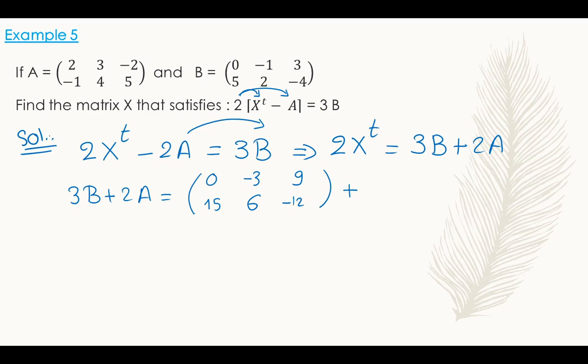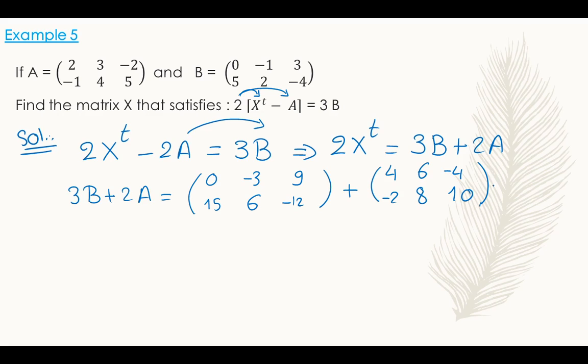Plus 2A, that is to say we are going to multiply the matrix A by 2. 2 times 2 equals 4, 3 times 2 equals 6, negative 2 times 2 equals negative 4, negative 1 times 2 equals negative 2, 4 times 2 equals 8, 5 times 2 equals 10.